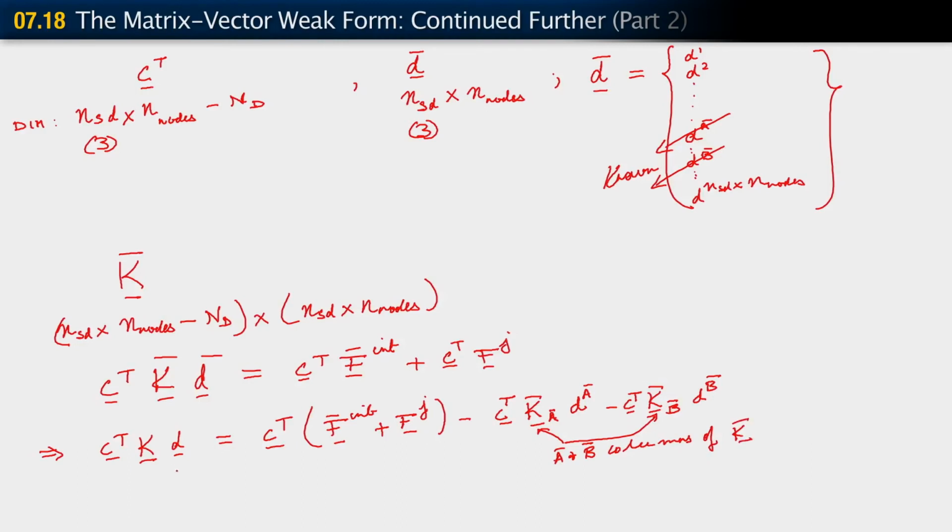Likewise, the D matrix now is obtained by removing the A bar and B bar degrees of freedom, and any others, from D bar.